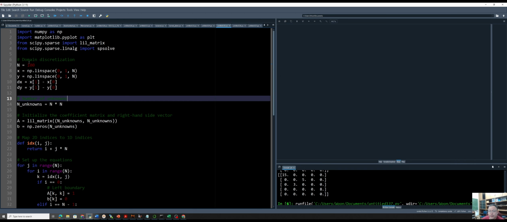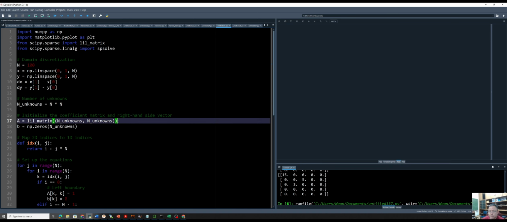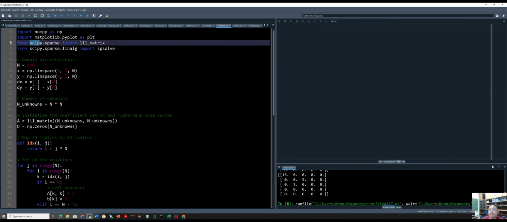Okay, A is a 100 times 100 matrix, quite a big one. Very big matrix. Then in order to do it properly without causing memory problems, we use the lil matrix from SciPy. Sparse means that my elements are mostly 0.